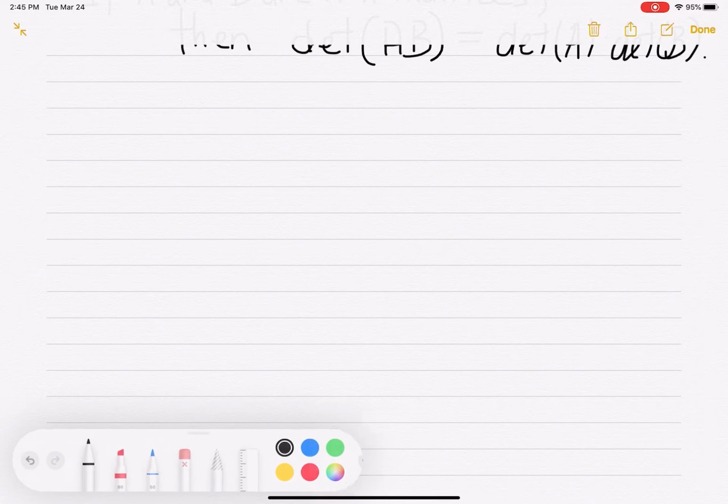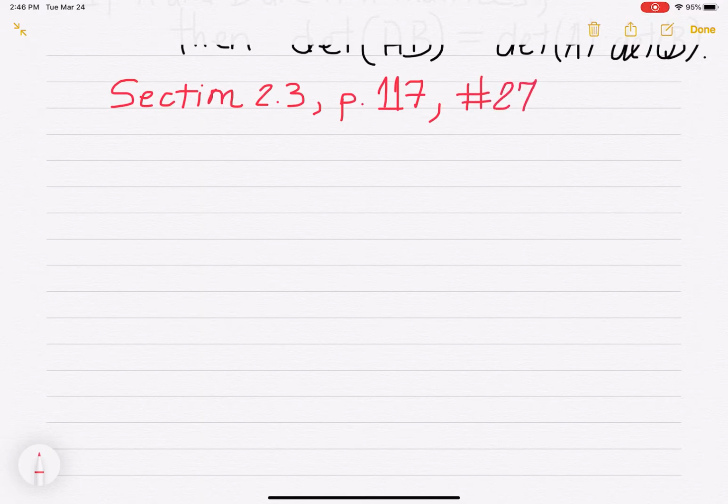Now this was a result that we had on a previous homework. Maybe you remember not too far back, in section 2.3, page 117, number 27, you were asked to show this result in your homework.